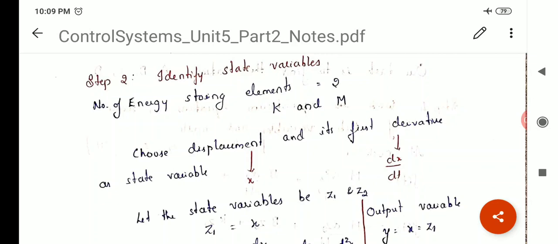Now in the case of a mechanical system, always choose the displacement and its first derivative. There is only one displacement in the system, so x, and its first derivative is dx by dt. What does the first derivative dx by dt indicate? It indicates the rate of change of displacement, which is velocity.